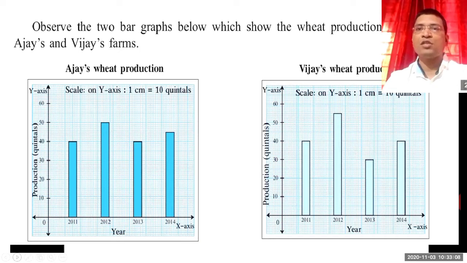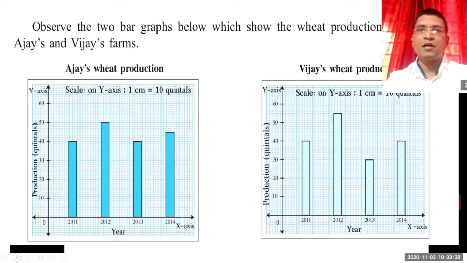Ajay and Vijay are farmers, and they produce wheat in their farms. The production is given in the form of single bar graphs. Look at Ajay's wheat production on the left side. On the right side, Vijay's wheat production.